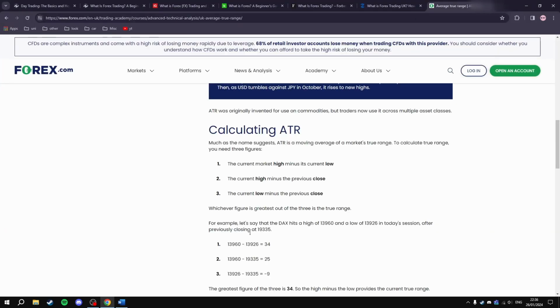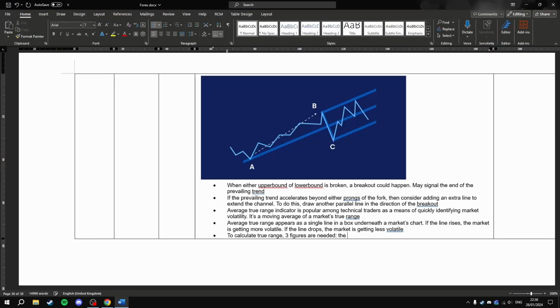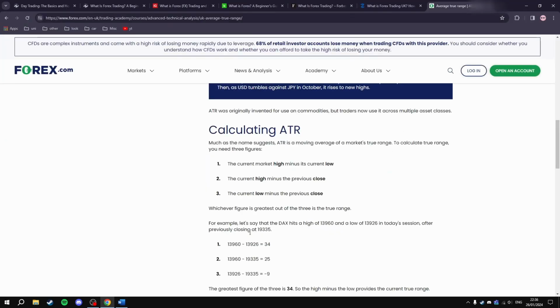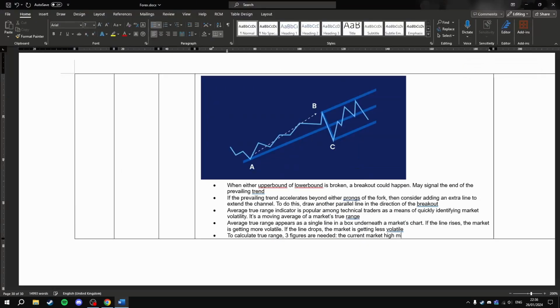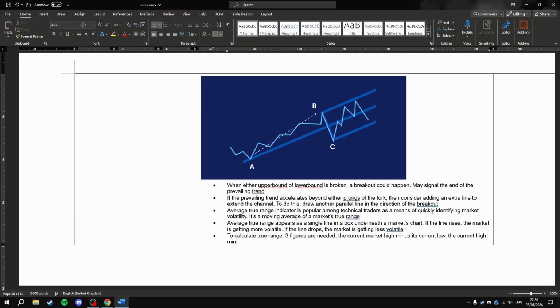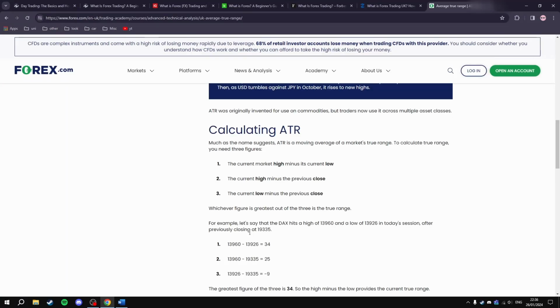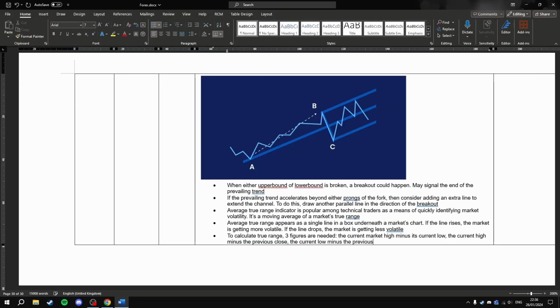The current market high minus its current low. The current high minus the previous close, and the current low minus the previous close.